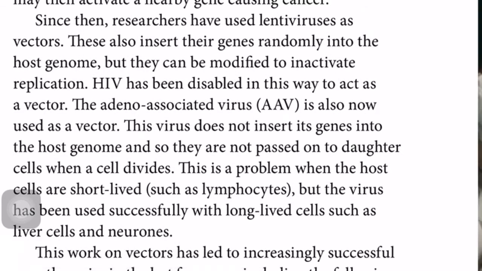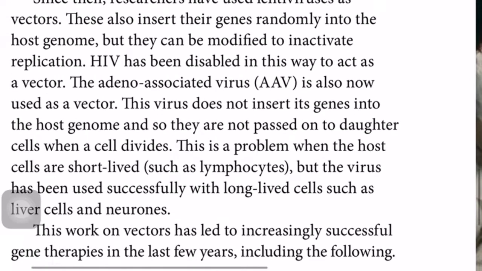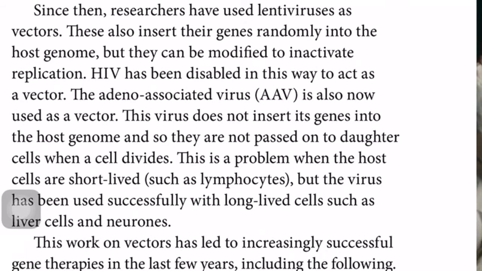Researchers have also used lentiviruses as vectors. They also insert their genes randomly into host genomes, but they can be modified to inactivate replication. Suppose these lentiviruses have a stop switch, but retrovirus will keep doing it.